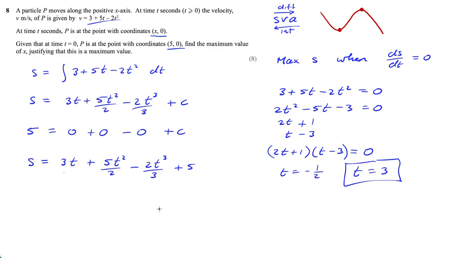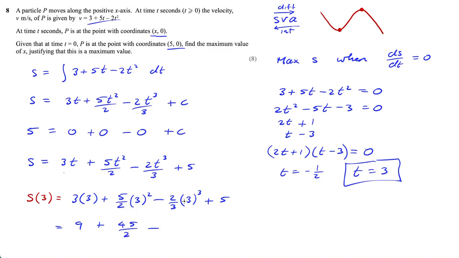So s of 3 is equal to, and then I'm just going to sub in 3 here. It's 3 times 3 plus 5 over 2 times 3 squared minus 2 over 3 times 3 cubed plus 5. That equals 9 plus 45 over 2 minus, one of these 3's cancels, 9 times 2 is 18, plus 5.